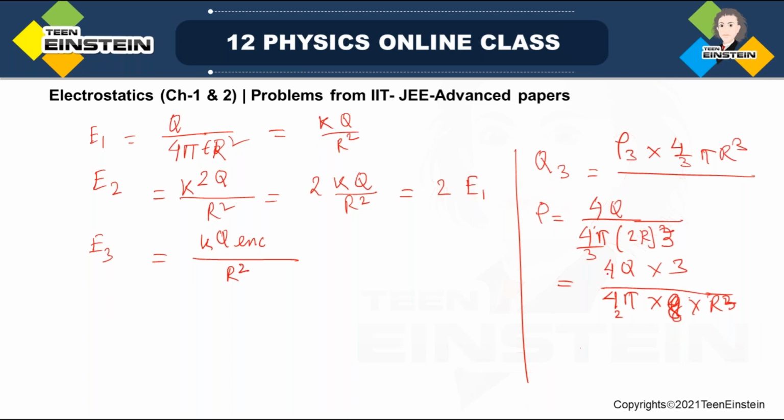Let us just cancel this 4 with this 4. So what we'll get is 3q by 8 pi r cube.